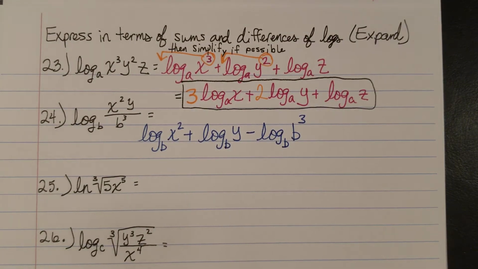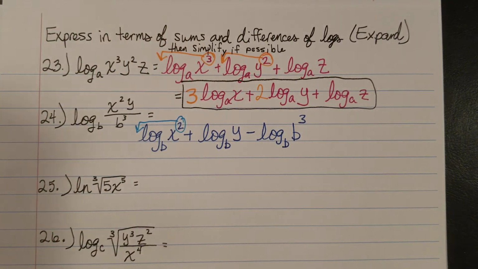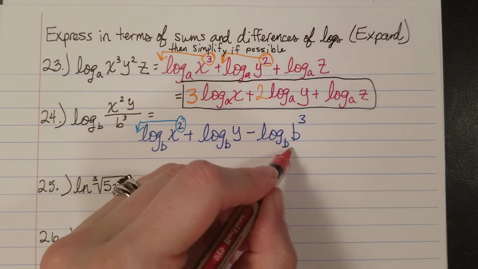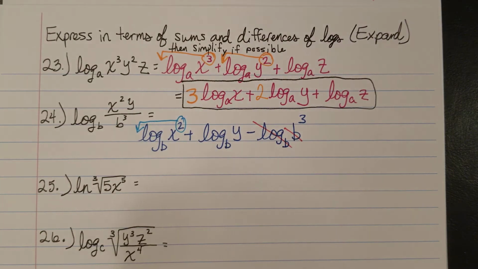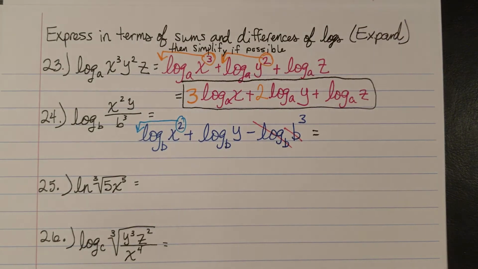Okay, and then we're going to take this exponent and move it down here as a coefficient. And then over here, we will cancel log base b of b. Okay, all right, and then my next thing I write down is going to be my final answer.